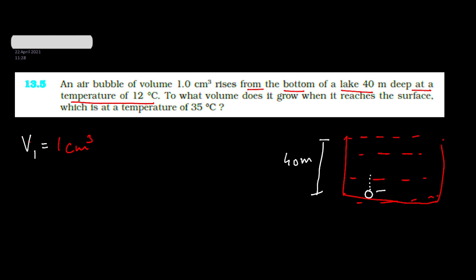And at that point here, what was its temperature? 12 degrees Celsius. Question clear so far? To what volume does it grow? એટલે final volume find કરવાનું ને. To what volume does it grow when it reaches the surface, which is at a temperature 35 degrees Celsius.